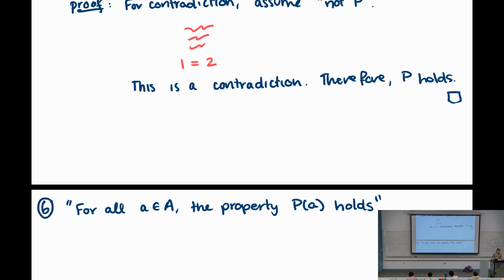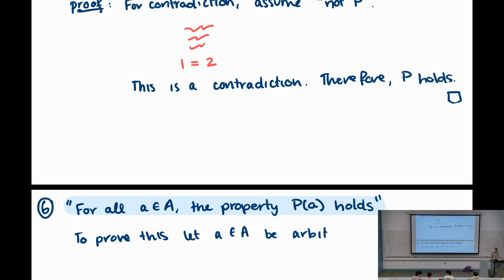To prove such a statement, you would just let A in the set be arbitrary, so just any element of the set, and then you must show that P of A, whatever that property is, is true.